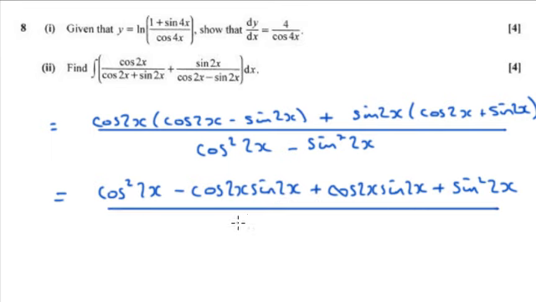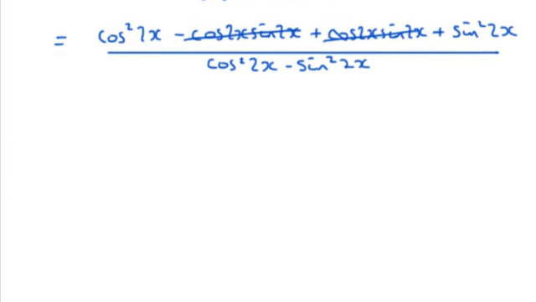And that's over cos squared 2x minus sine squared 2x. So these middle terms will go, leaving us with sine squared 2x plus cos squared 2x, which is 1 again. Sine squared plus cos squared is always 1. Over cos squared 2x minus sine squared 2x.